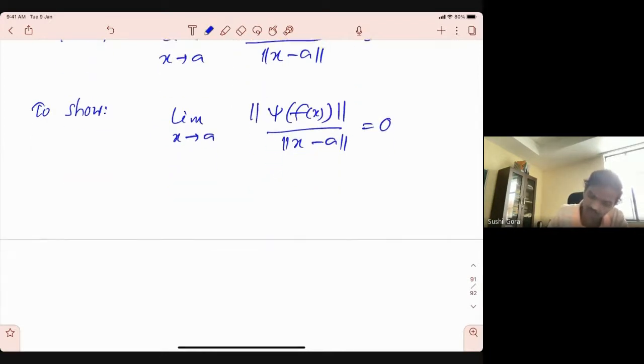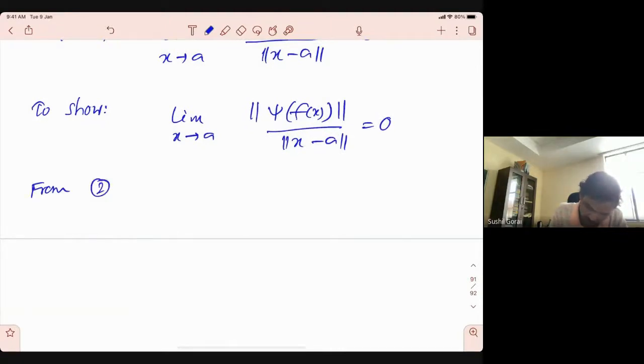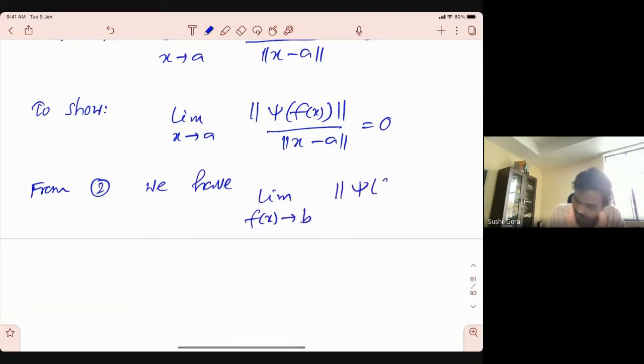So first of all, from 2 we have the limit as fx tends to b of norm of psi of fx by norm of fx minus b equal to 0.